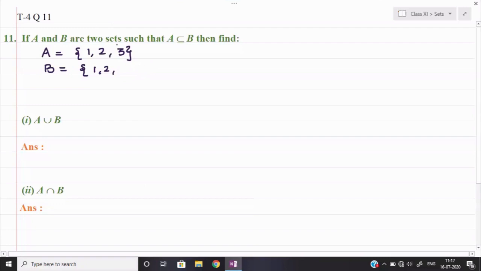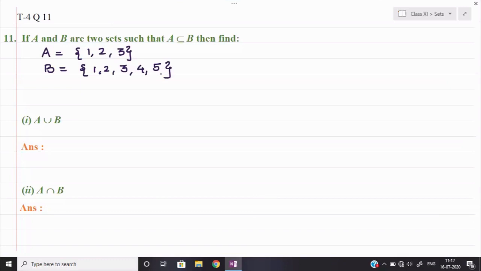So I will take 1, 2, 3, then 4 and then 5. Okay, because we are given that A is a subset of B. So as you can see, all the elements of set A are coming in set B. So here the condition is fulfilled.